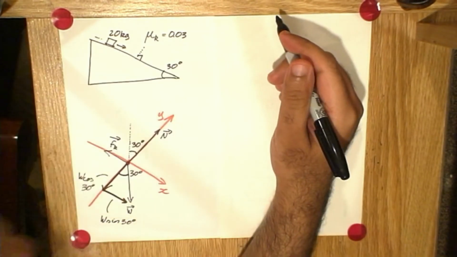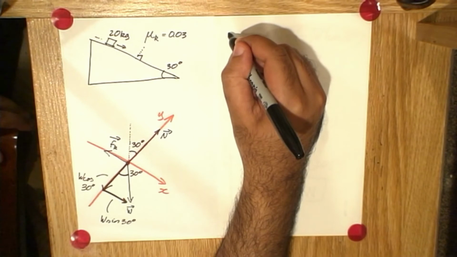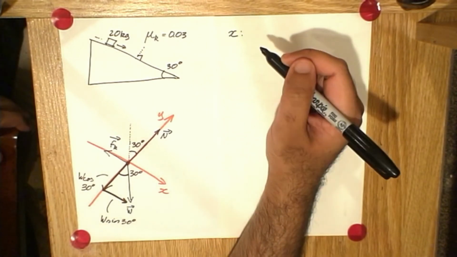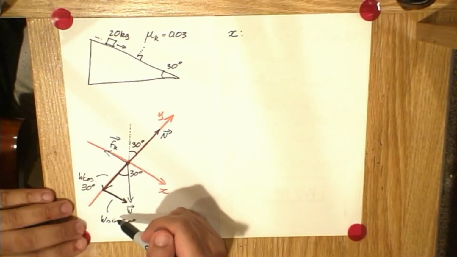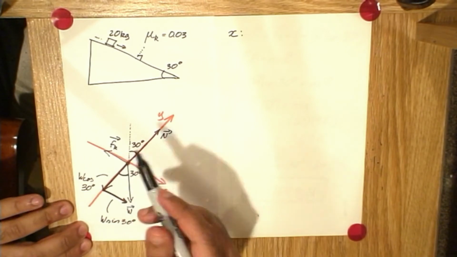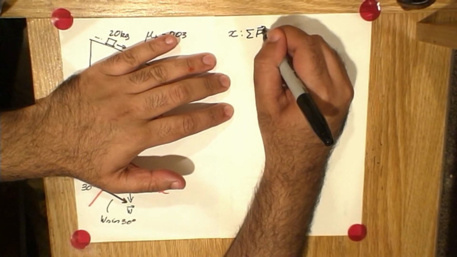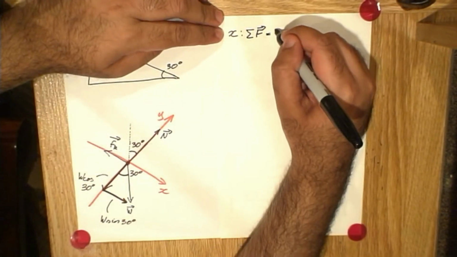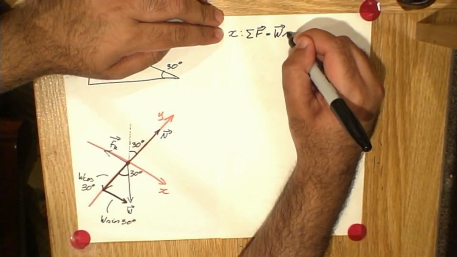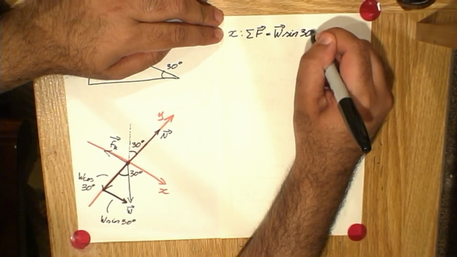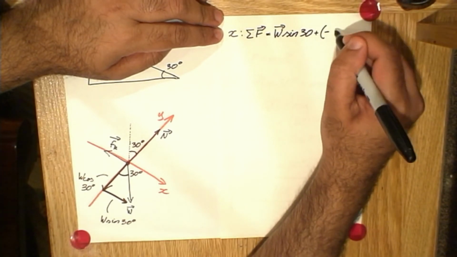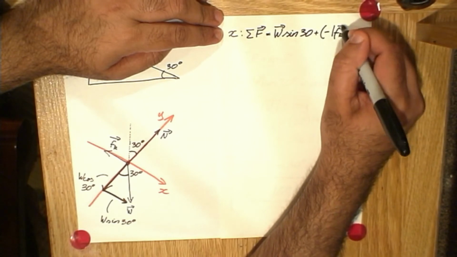Now, in the x direction, there are two forces, the sine component of weight and kinetic friction. So the total force is weight sine 30 minus the force of kinetic friction.